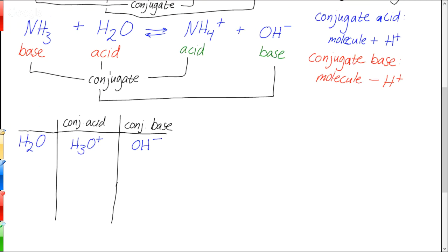So let's say instead we start with OH minus. We start with a charged molecule. So what's the conjugate acid and conjugate base of OH minus? Well, conjugate acid is what we get if we add an H plus.